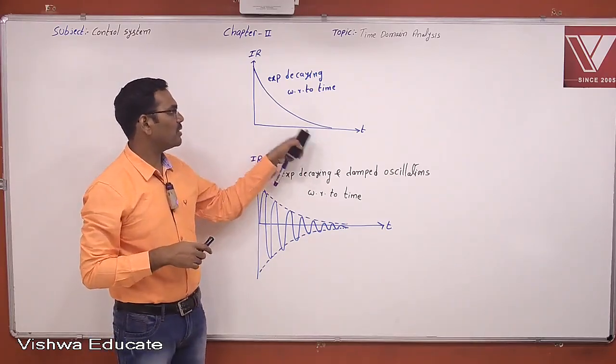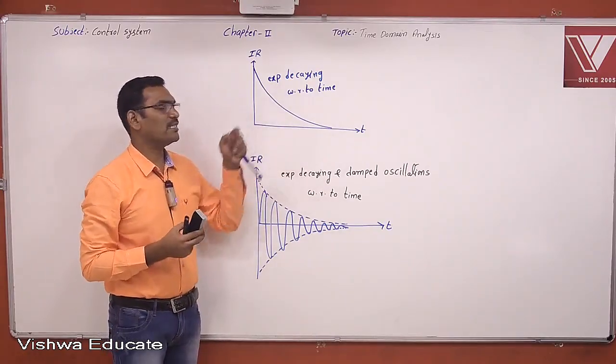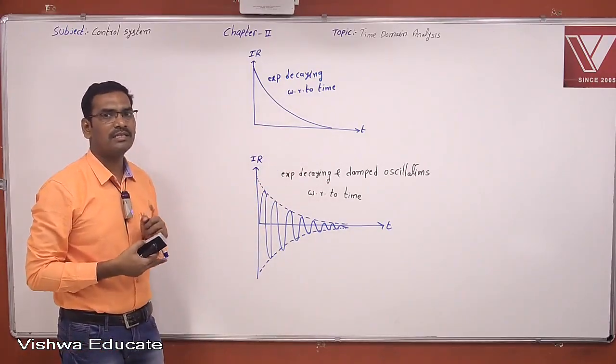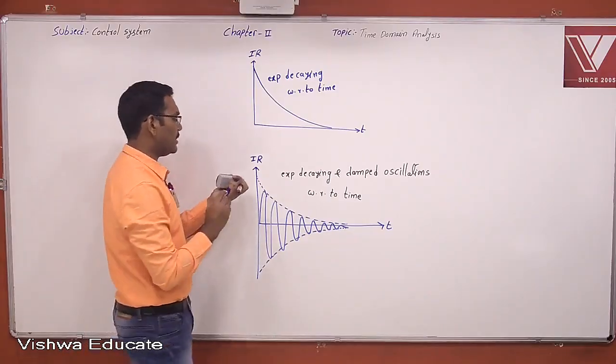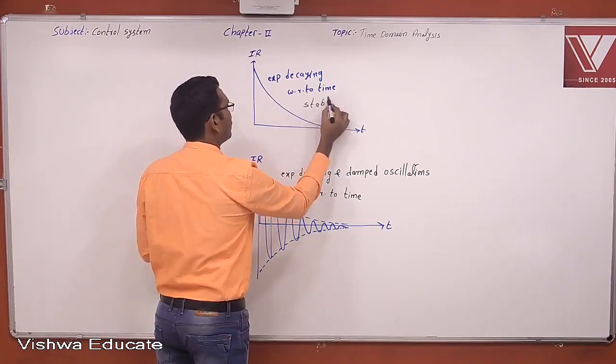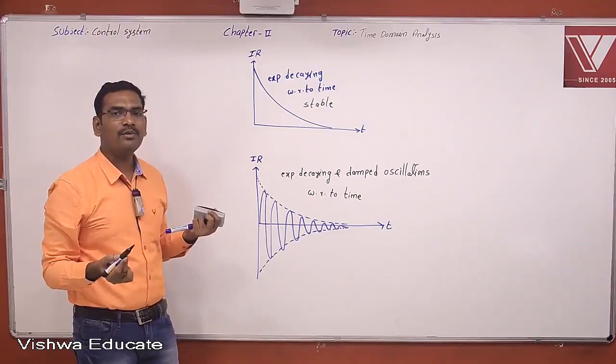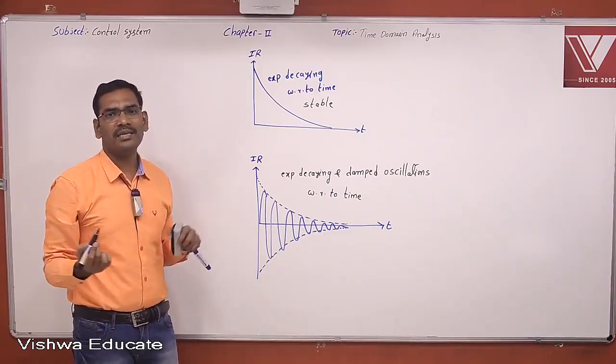So this is the response which is exponentially decaying. Now what about the system behavior? What about the system stability? Your immediate answer is, sir, this system is stable. Exponentially decaying is nothing but a negative real part, which means left-hand side, so the system is stable.